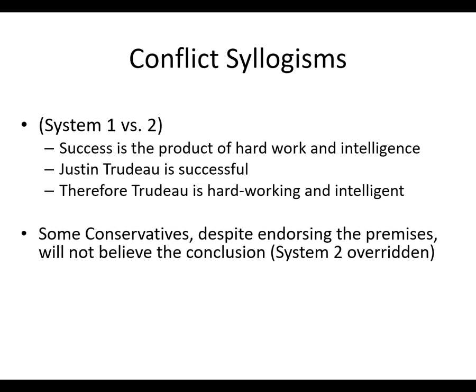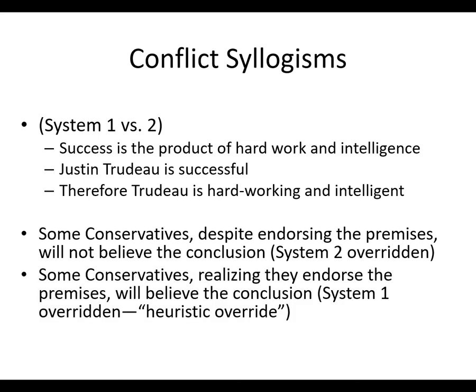In the conflict between System 1, how one feels, one's political beliefs, how one typically tackles problems, and System 2, what one can put together correctly using rules, System 1 wins because the individual doesn't believe the conclusion. They say, this syllogism is invalid. It actually doesn't follow.